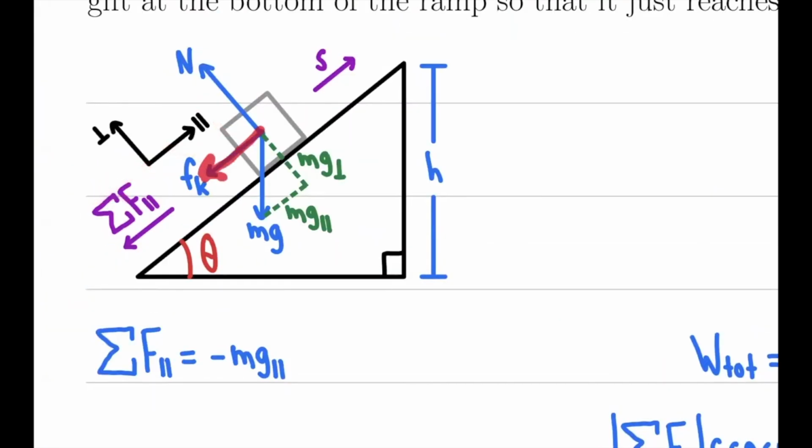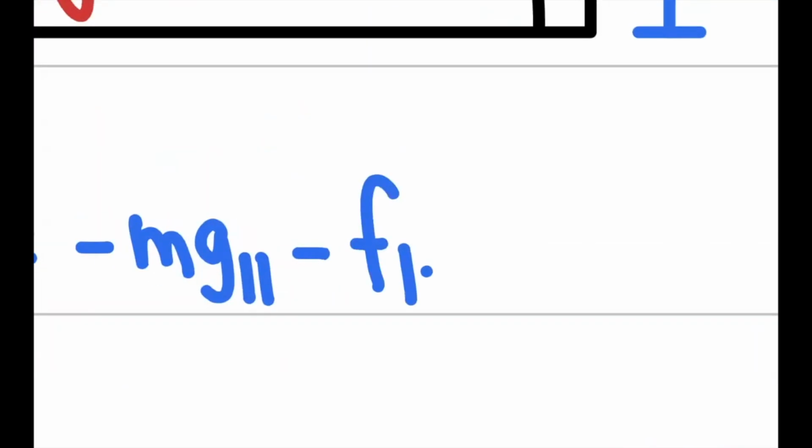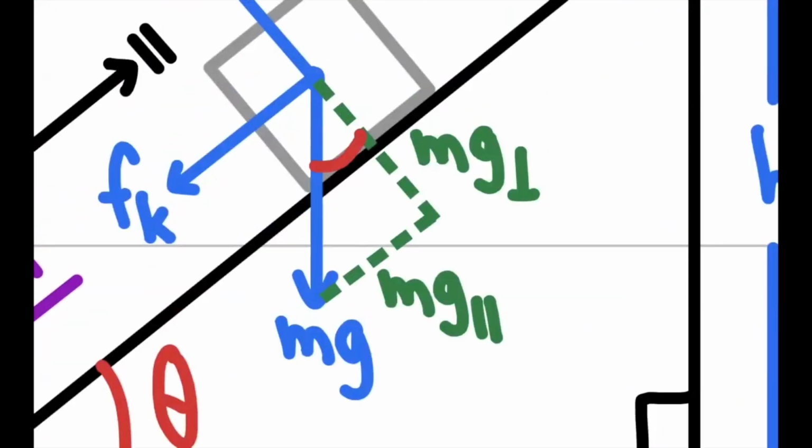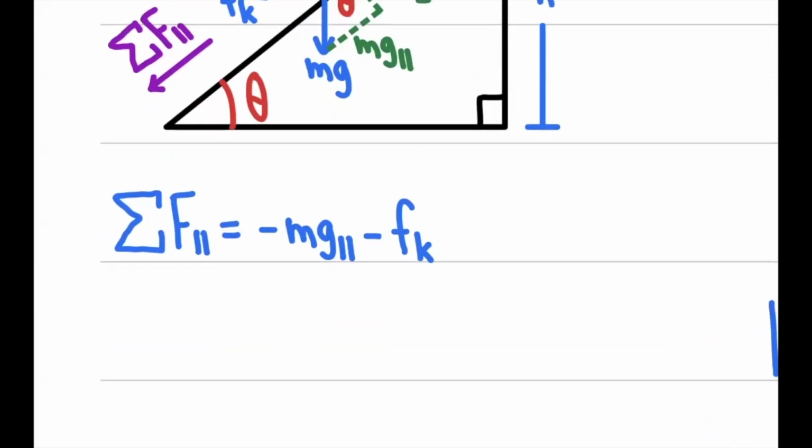And also f sub k is in the negative parallel direction, so I'm going to also subtract f sub k. This angle will be theta, and we can use the trick that sine makes it slide. So mg parallel, it's opposite theta, so it's mg sine theta. It's not my trick, it's the internet's trick.